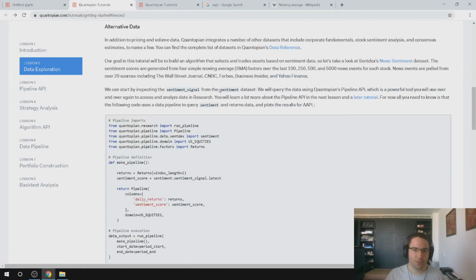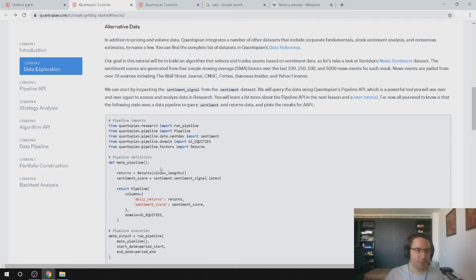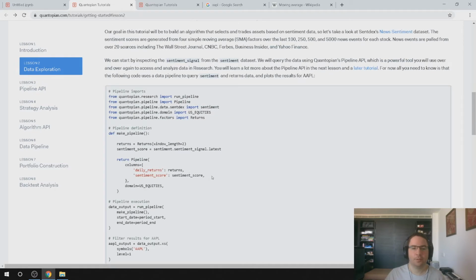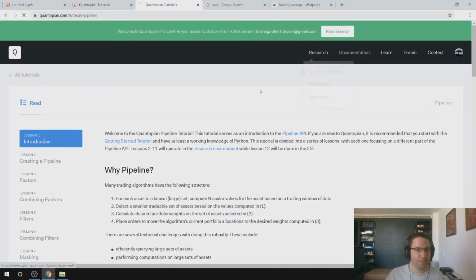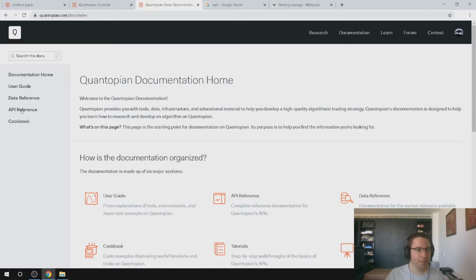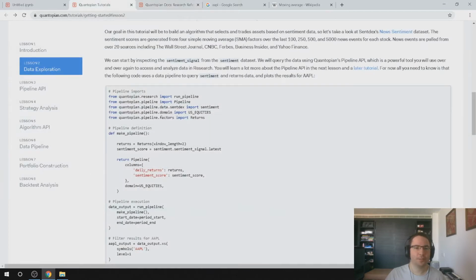What are we trying to do here? We're making a pipeline that gives us some sentiment data. Returns equals returns. Well, I never have to go and look at that returns thing again, don't I? In the API. Now, don't you have to give this an argument of assets?